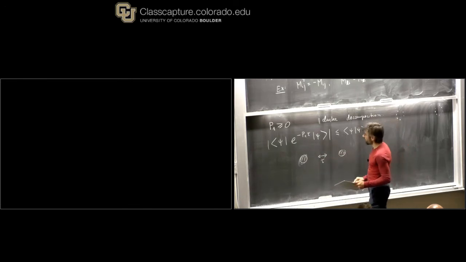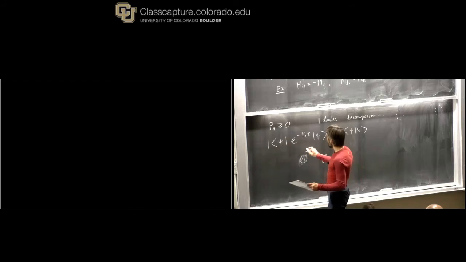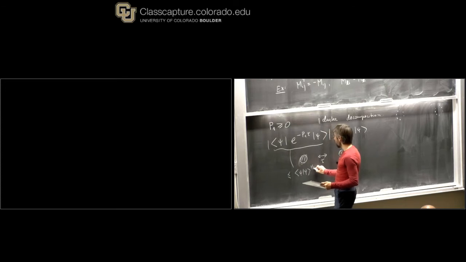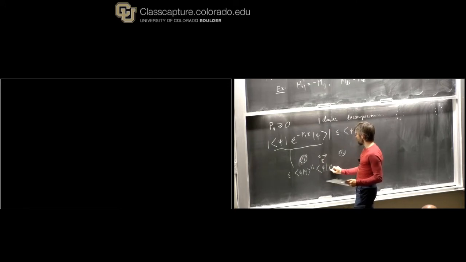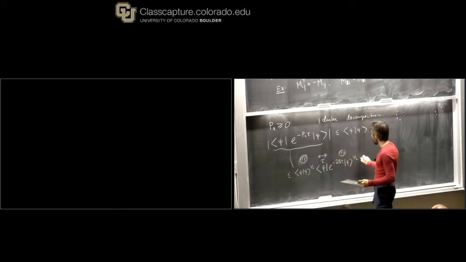You take the scalar product and apply the Cauchy-Schwarz inequality, so this is less than the square root of psi times e to the minus 2 P1 tau psi.